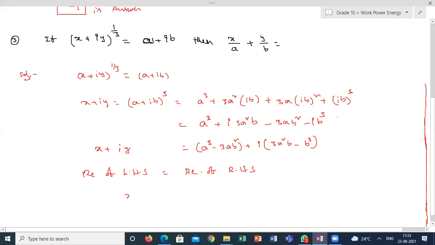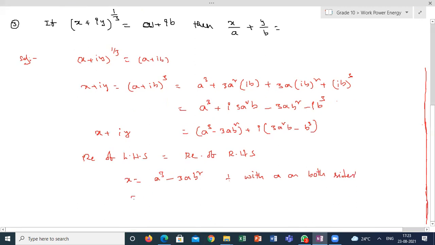So x is equal to a cube minus 3ab square. Dividing with a on both sides, I will get x by a equal to a square minus 3b square. This is my first equation.